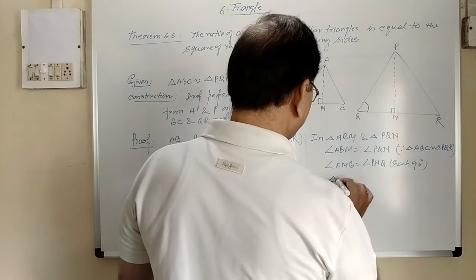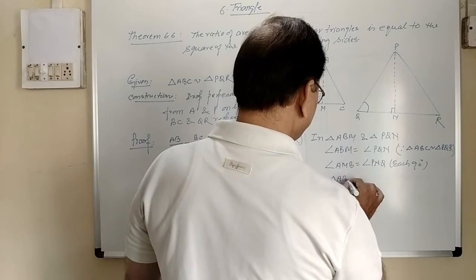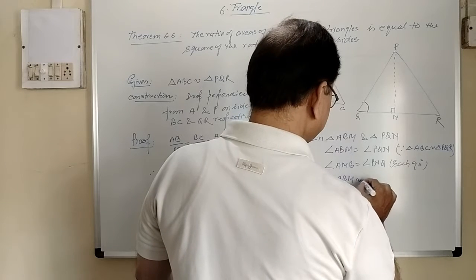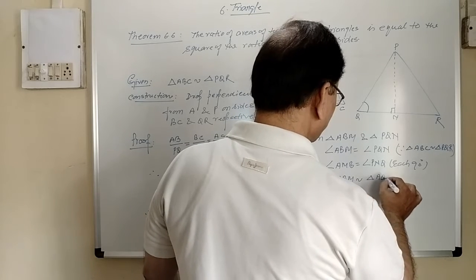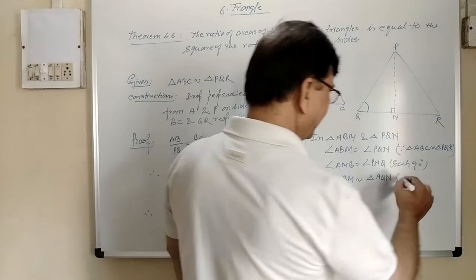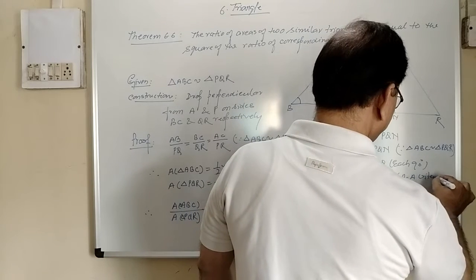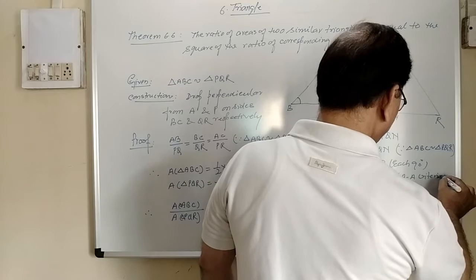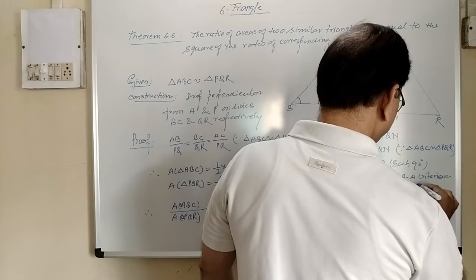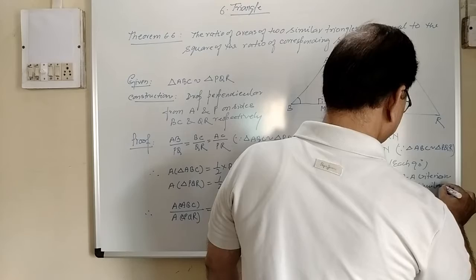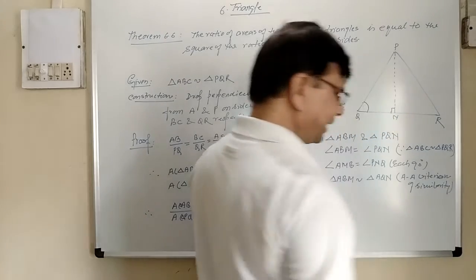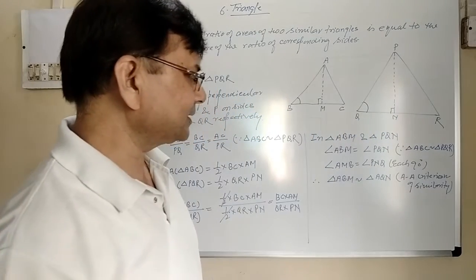Therefore, triangle ABM is similar to triangle PQN by the AA criterion of similarity. By the criterion of similarity, these two triangles are similar.